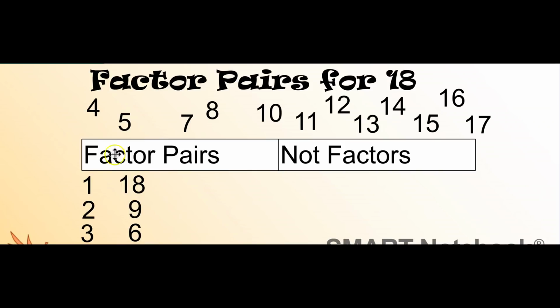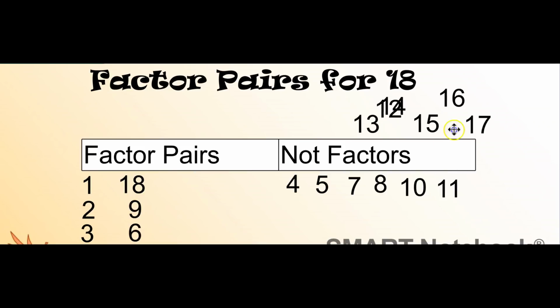Let's continue. 4. Can 4 times anything give me 18? No, 4 is not a factor. 5 times anything? No. 7 times anything? No. 8 times anything? No. We already have 9. 10? Nope. 11?